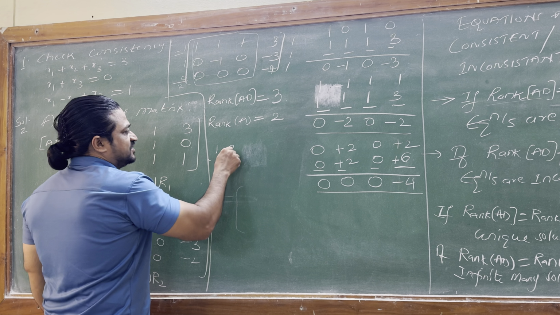Then the previous value. Now the top right side of the rough column, we have to do that simplification. 1 R2. 2 R1. 0 0 0 2. 1 R3. 1 R1.